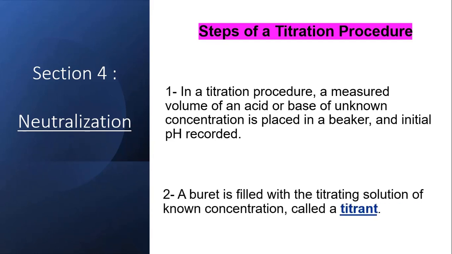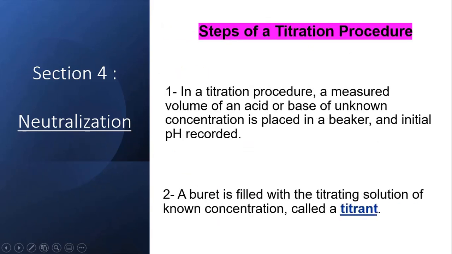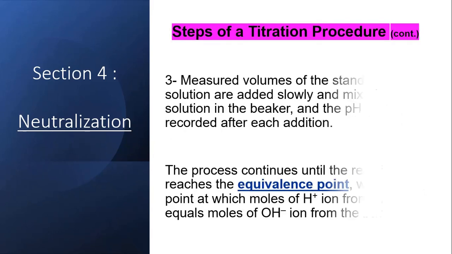By knowing the value of pH, you will know the concentration of H positive or OH negative, whichever you want to use later on. The burette is this. If you don't know what a burette is, the burette is filled with the titration solution of known concentration. If you know the concentration of a substance, we call it the titrant.